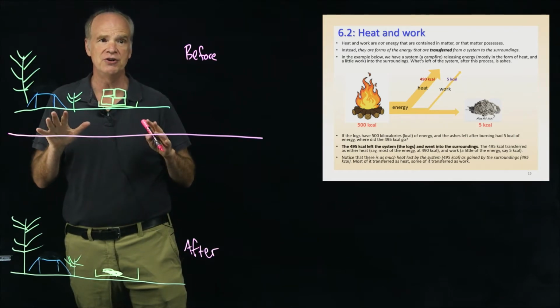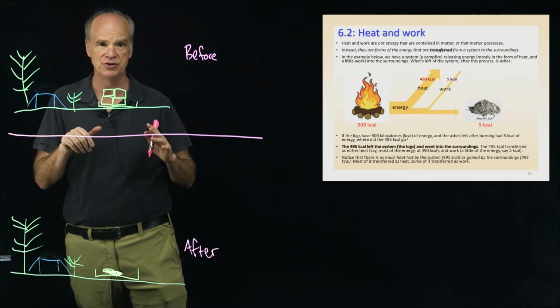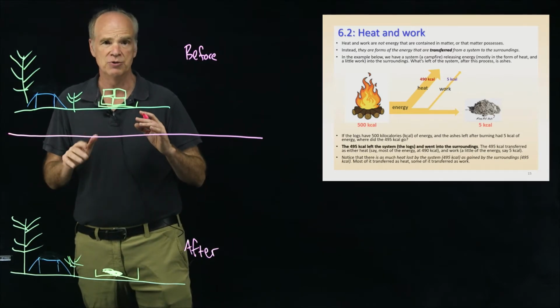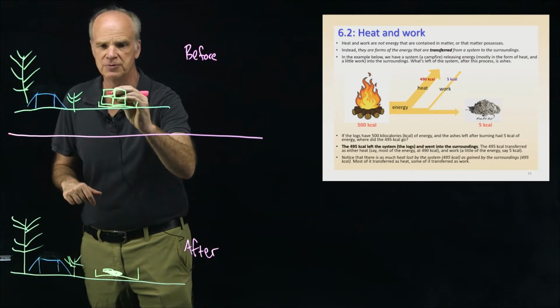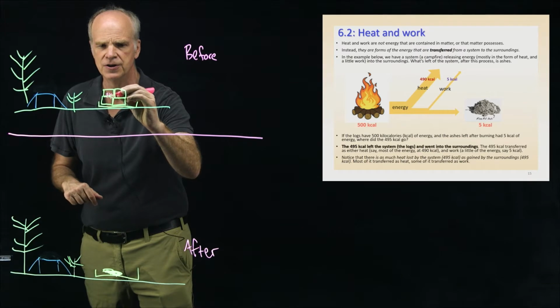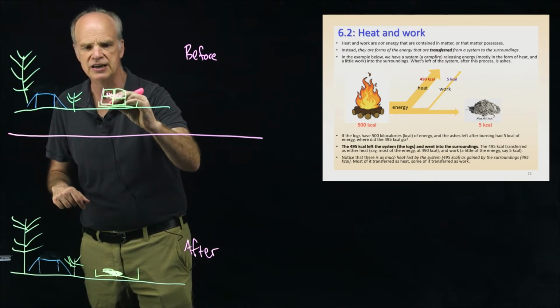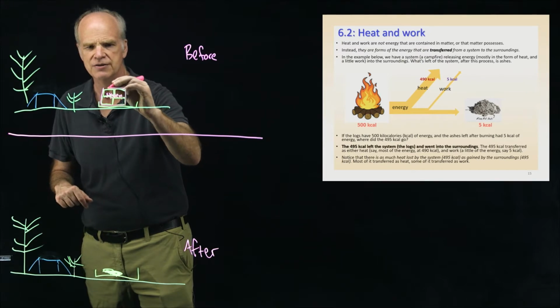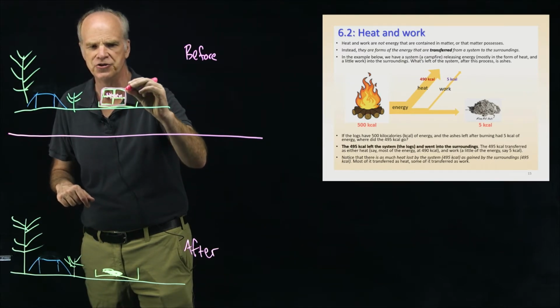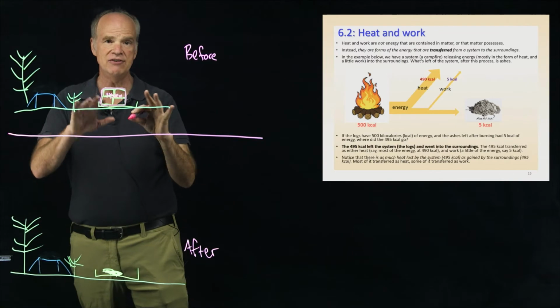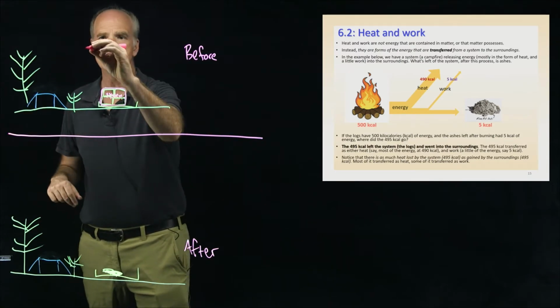So first, let's go ahead and define a system to look at. So the system that we're going to look at are the 4 logs here. So I'm going to write system here. And then I'm going to draw a line here that indicates a boundary. And this boundary is just the surface of the logs. And then everything outside of the logs is the surroundings.